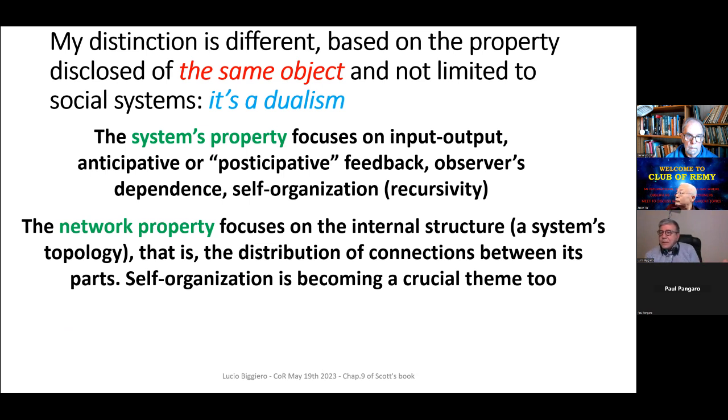The only difference is in language. In network science, instead of recursive processes, they are called cycles. And you look at how many cycles there are and how long these cycles are. There are even specific measures, for example the cyclomatic number, which counts how many simple cycles, cycles counted only once, there are in a network.